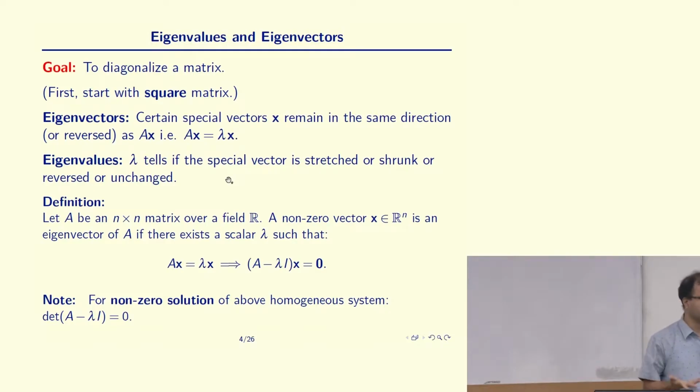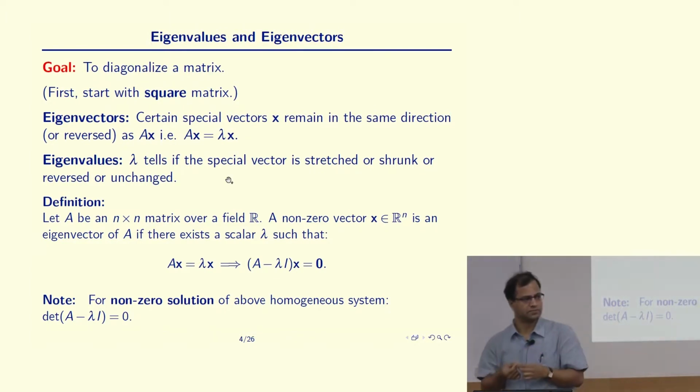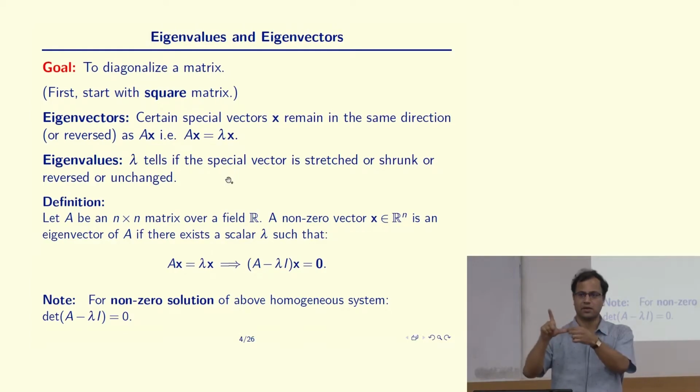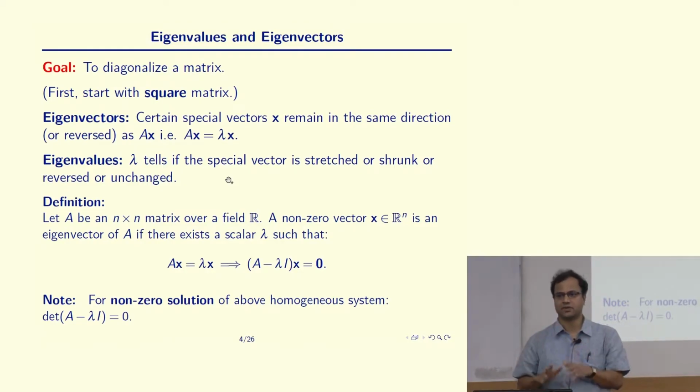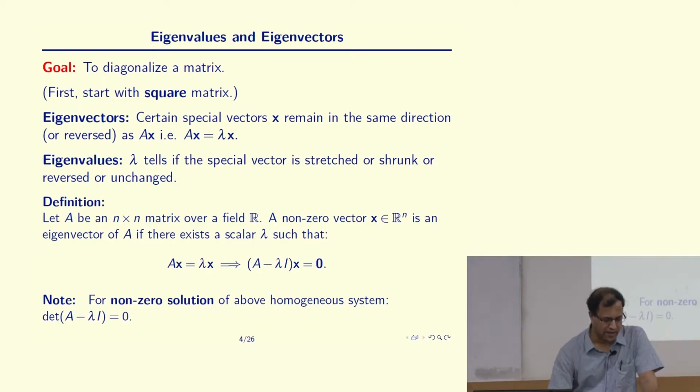And we can then write Ax is equal to some scalar times that vector x. That scalar will be called the eigenvalue. That scalar will say whether the vector x will be stretched or shrunk, or remain the same, or its direction will be reversed. So that will be determined by that scalar lambda. More mathematically, we can say that Ax is equal to lambda x.